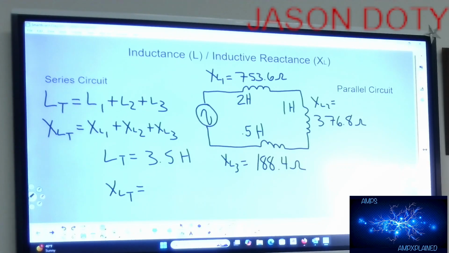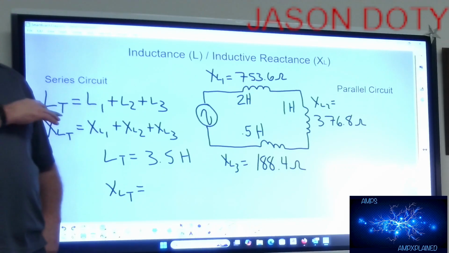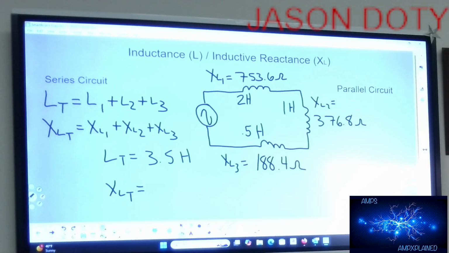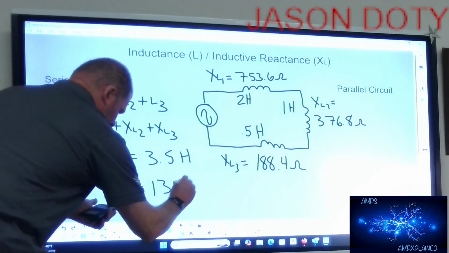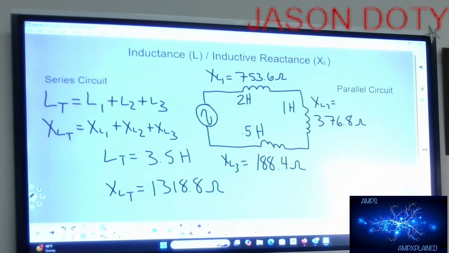So now we can get a total ohmic value for this series theoretical inductive circuit. We take 753.6, we add 376.8, and we add 188.4, and we find that we have 1,318.8 ohms of opposition in this circuit.